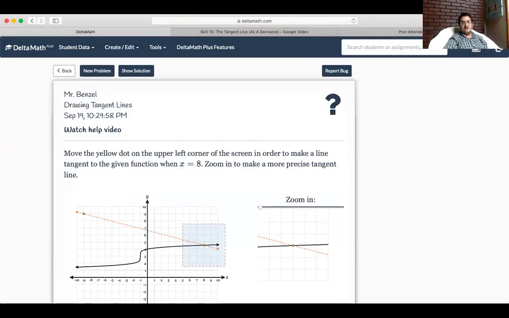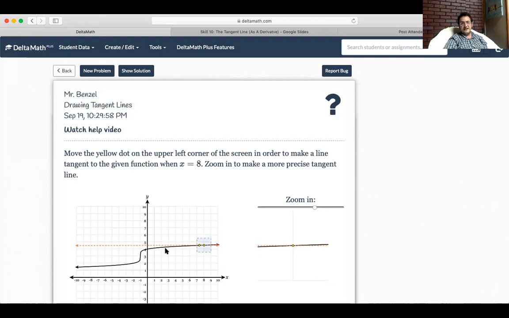What you're going to do here, it wants you to come up at that yellow point, right in that box, of what a tangent line would be. So your goal is to approximate as much as possible what that slope is going to be. You don't want the other yellow point to be far away. You want to get it as close as possible and best showing what that slope is looking like. And then you zoom in.